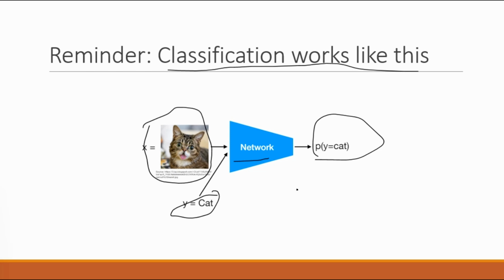It could be a dog or a cat, it can be anything, and it would produce a probability of how likely it is to belong to the class cat, for example. So a classifier is classifying the image, what label it has, whereas unsupervised learning is really very different. It's not about predicting any labels here. It's about learning this hidden representation that can be used to reconstruct the input.